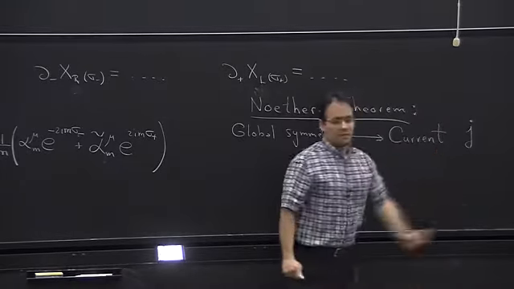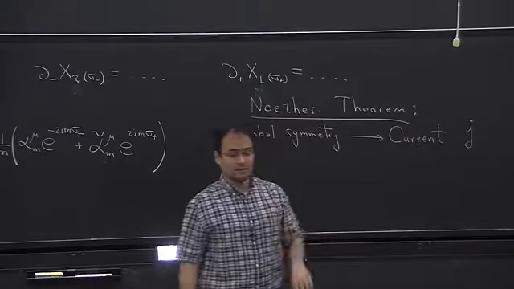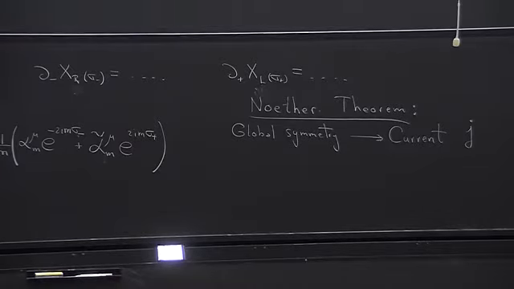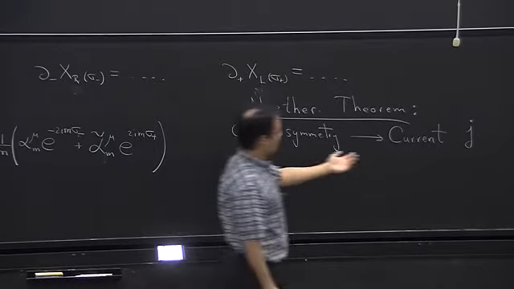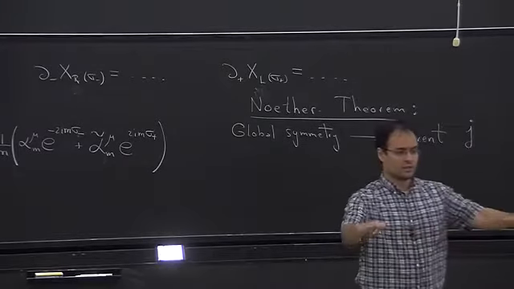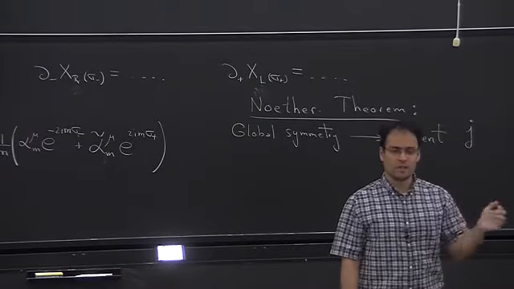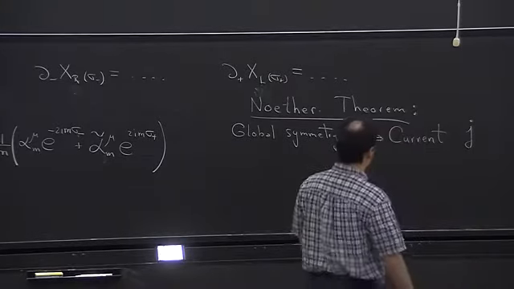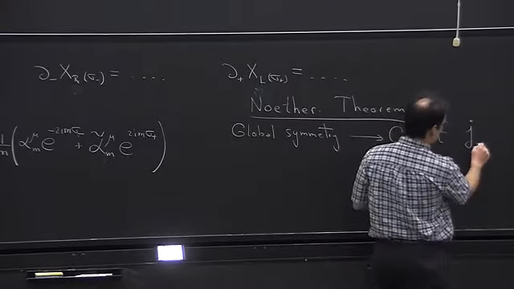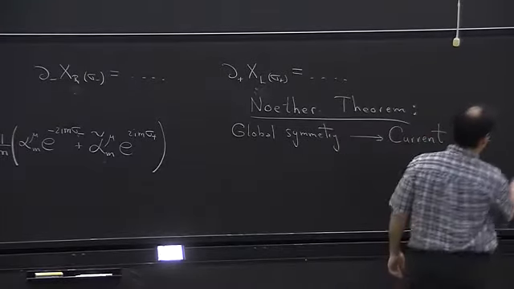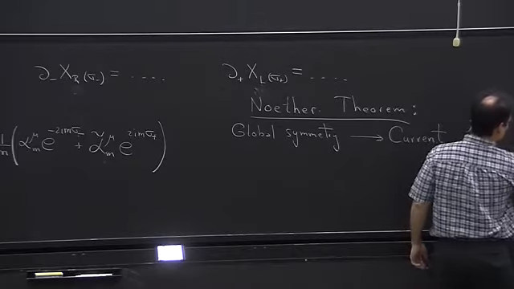A current is something that has a vector index, right? Since we are dealing with a field theory in 2 dimensions, whatever current we have will have a vector index on the world sheet. And remember, we decided to use the convention that the vector index on the world sheet will be called alpha, right? So alpha goes from 0 to 1.